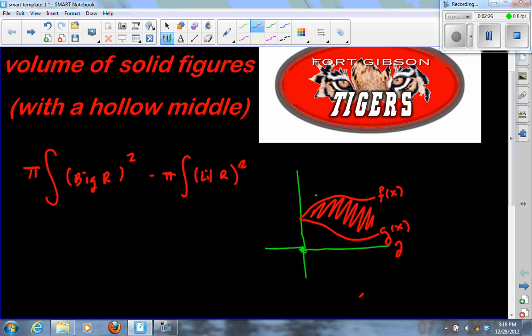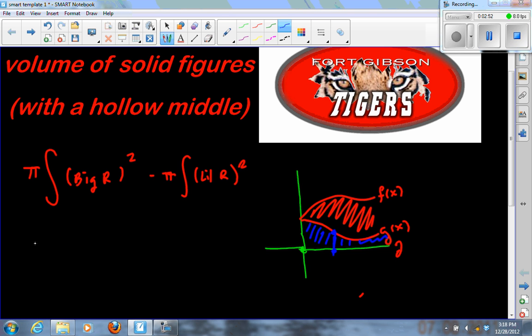And then you subtract off this piece, which is the hollow piece, the little radius, from here to here. You subtract off this blue part, and what you're left with is just the red part that's up here, revolved to make a solid figure. Kind of hard to picture, but it just takes a creative mind.